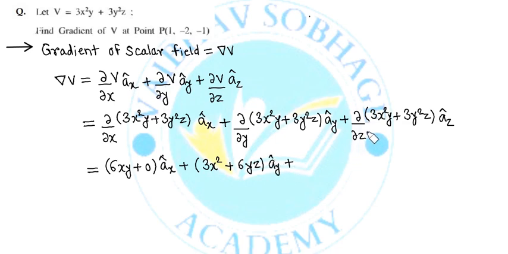And differentiation of the terms with respect to z: we have this value to be 0 in the first term since there is no z term. In the second, 3y square will be constant, and the derivative of z with respect to z will be 1. So we will have this term to be 3y square along the az direction.